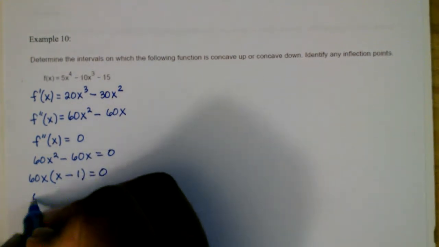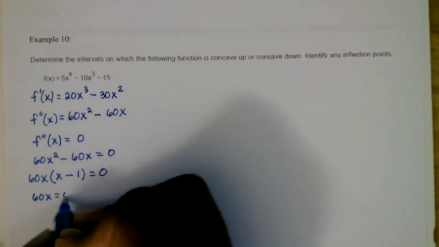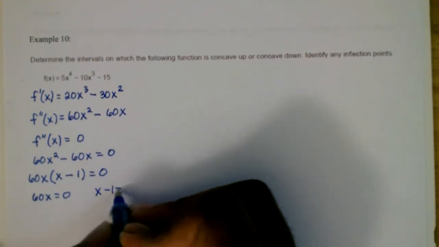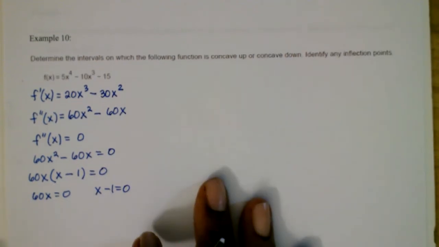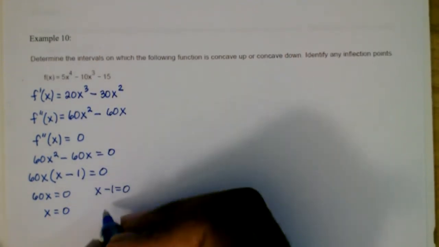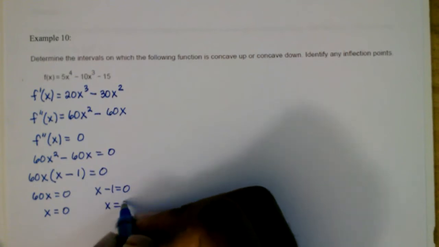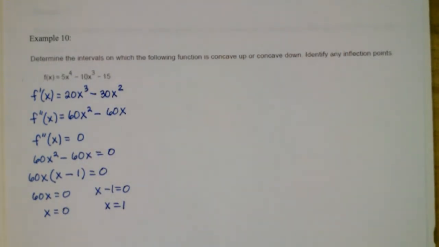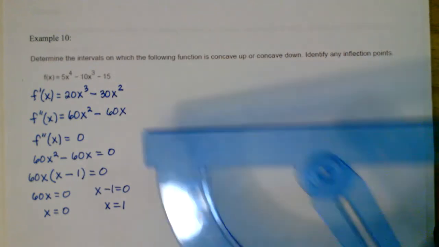So that means I have 60x is equal to 0 and x minus 1 is equal to 0. Well, for 60x equal to 0, that means x is equal to 0. And for x minus 1 equal to 0, that means x is equal to 1. So x equals 0 and x equals 1 are my possible points of inflection.